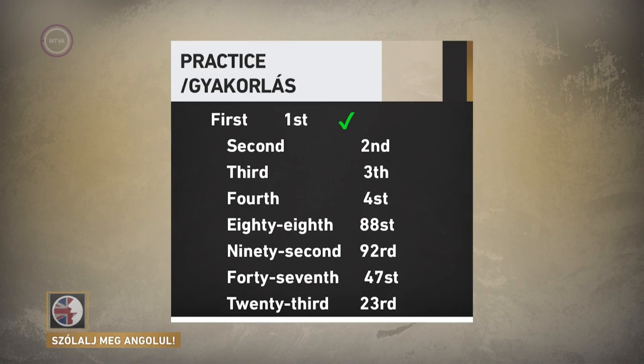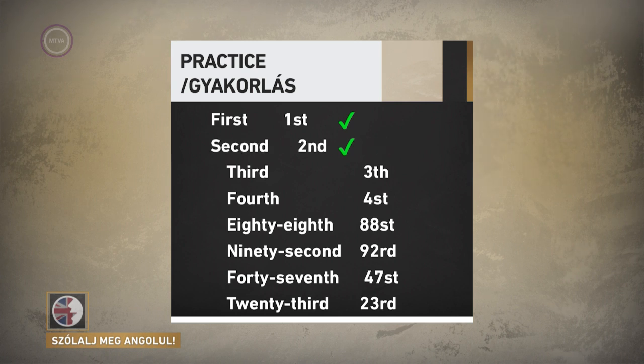That's right, the last two letters are ST. So we add ST to the number to create first. So the first one is correct. Good. Now, what about the next one? Well, the last two letters of second are ND. So we have to add ND to the end of the number to get second. So that one is also correct.